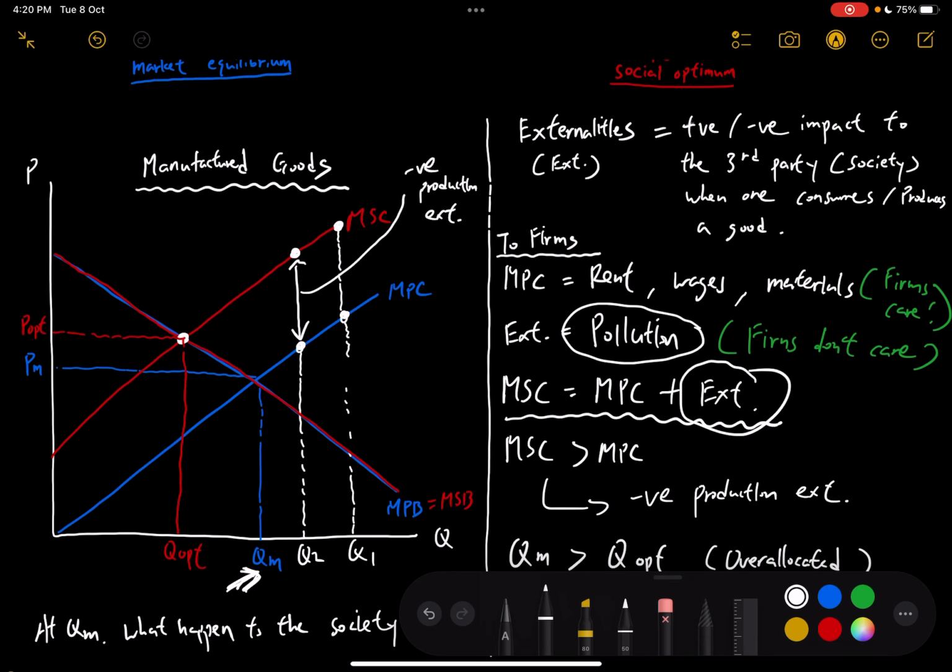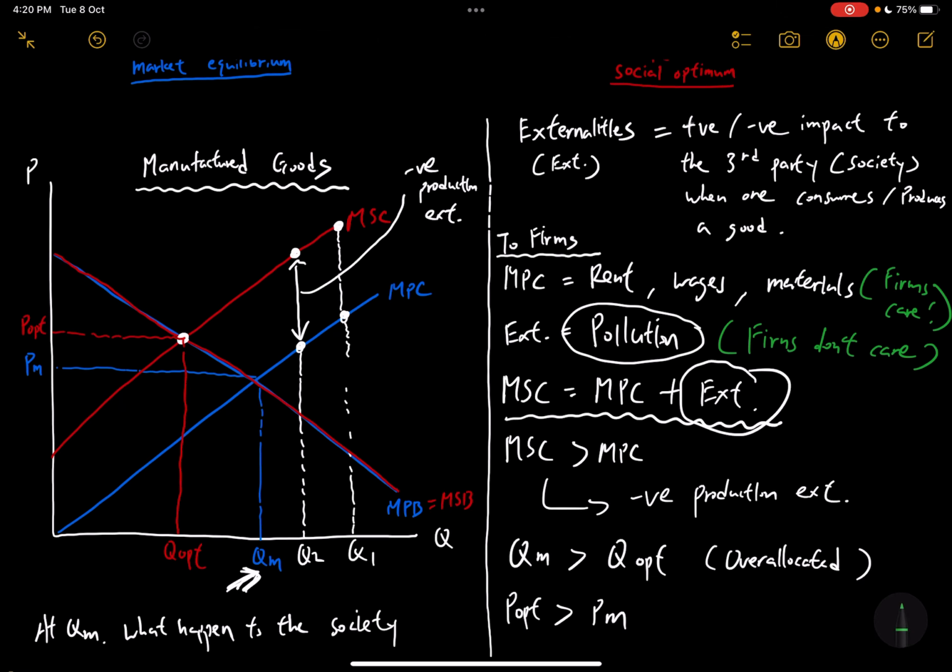If I use another color to show you what happened at QM. At QM, if I go upwards, where is our MSC? At QM, our MSC is actually here. See the green dot here? That's my MSC at QM.